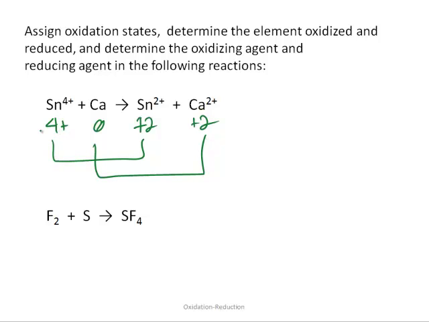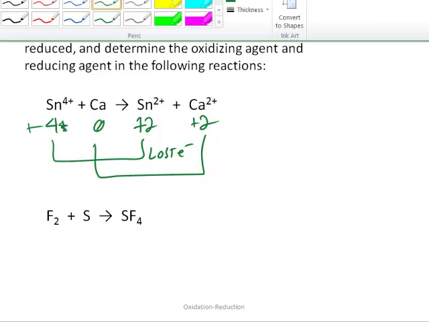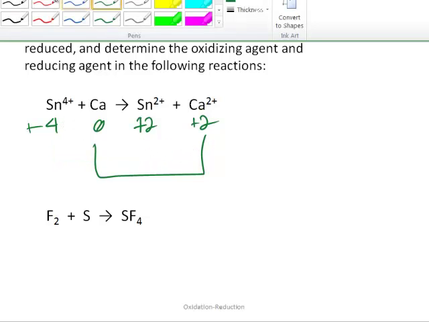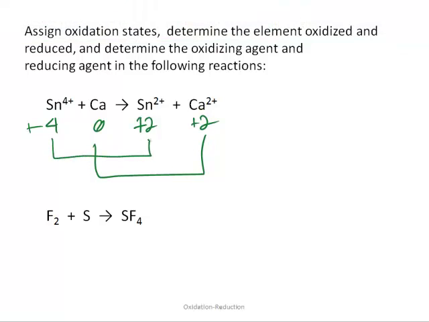Tin going from a plus 4 to a plus 2 indicates that it gained electrons. It has gone from a scenario where it has 4 more protons to only 2 more protons, so it gained electrons. And of course, if calcium goes to a +2 cation, we know that it lost electrons. So this is my reduction reaction. Tin's being reduced, calcium's being oxidized.